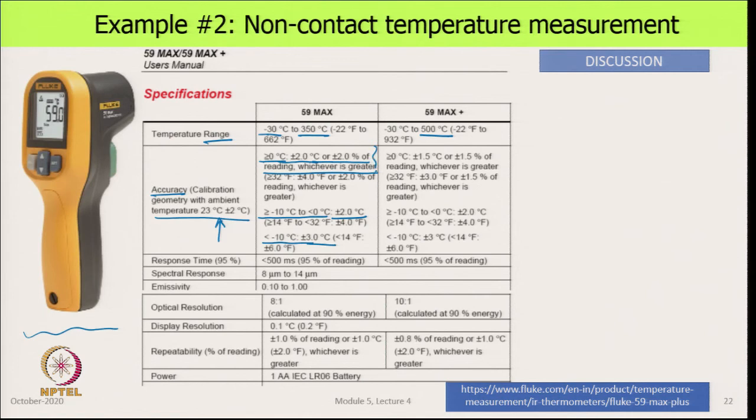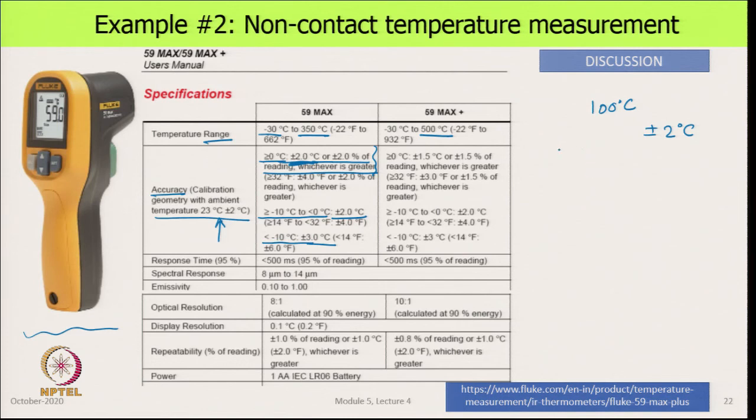This is something that you will see in many instruments. So, if you are measuring a temperature of 100 degrees Celsius, plus minus 2% of that becomes plus minus 2 degrees Celsius, which is same as what is quoted over there. So, these two values are the same.